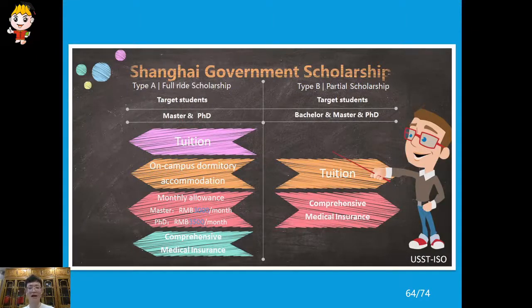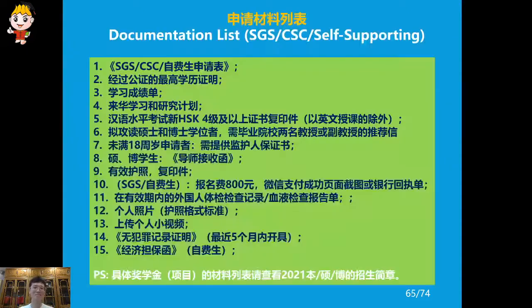And on the right column, type B, the partial scholarship will sponsor you regarding the tuition and medical insurance. So you can make a basic distinguishing about two concepts, type A and type B of SGS.